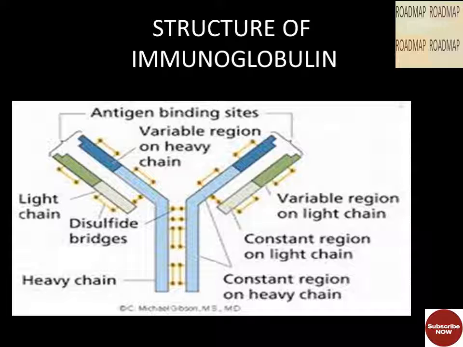Now in regards to heavy chain, approximately 1/4 of the amino terminal region is variable, while the remaining 3/4 is constant. CH1, CH2 and CH3 are the constant ones. The amino acid sequence of variable regions of light and heavy chain is responsible for the specific binding of immunoglobulin, that is antibody, with the antigen.